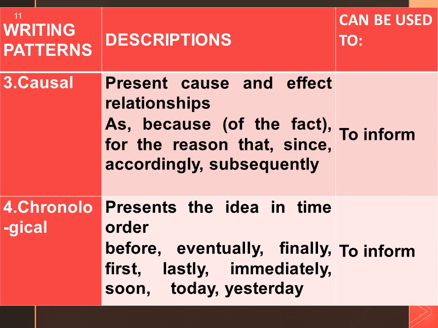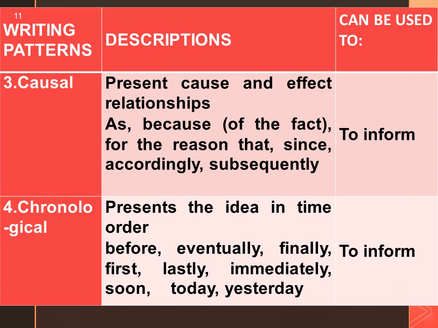Now let's also have the second pair of writing patterns, causal and chronological. For causal, it deals with cause and effect relationships. So all we have to do is understand if the speech or the written paragraph or manuscript deals with a result and what caused that happening.